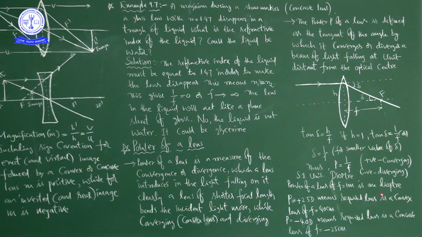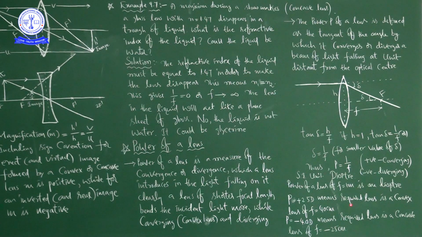And the sign, either plus 1D or minus 1D, depends upon the nature of the lens. If it is converging, plus 1D, if it is diverging, minus 1D, right? But numerically, when f is equal to 1 meter, P will become 1. It is 1D, including the unit diopter.